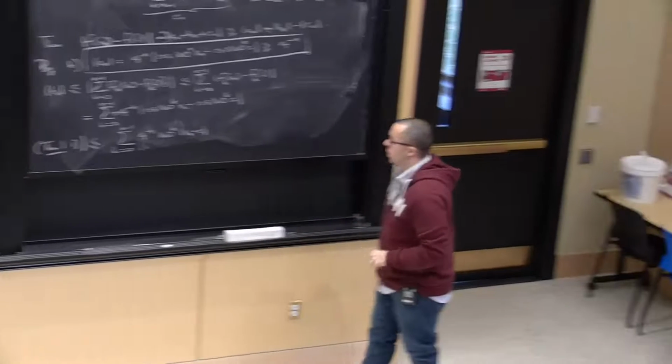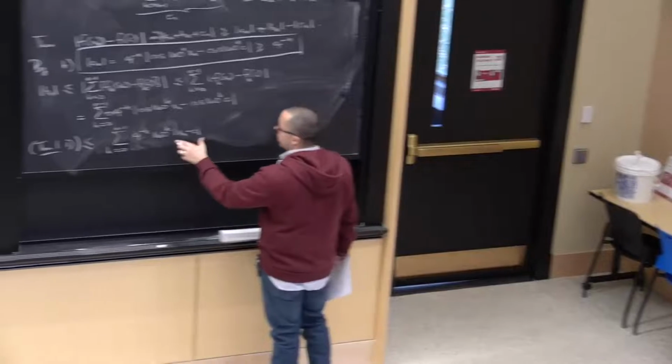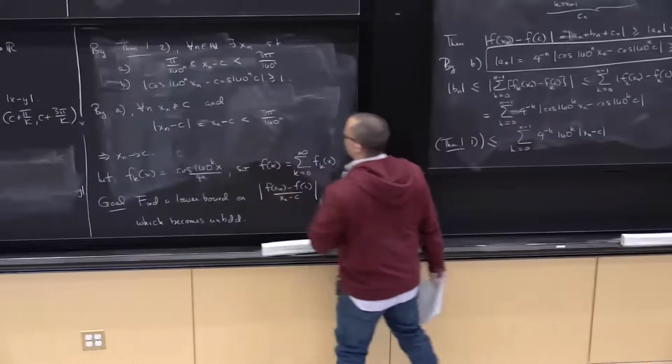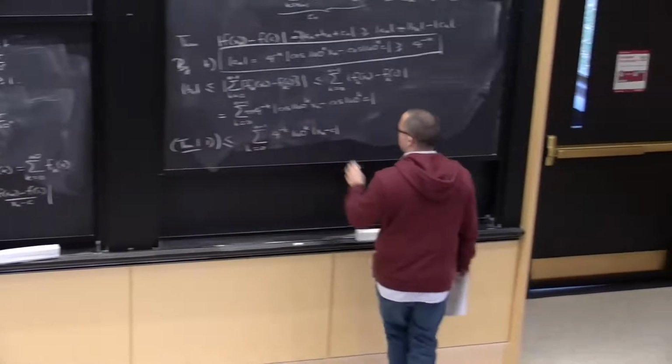And now these things we can sum up in closed form. Well, actually, x sub n minus c we proved is less than 3 pi over 160n.